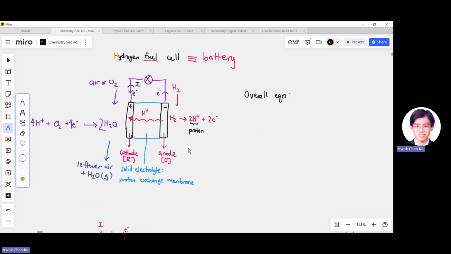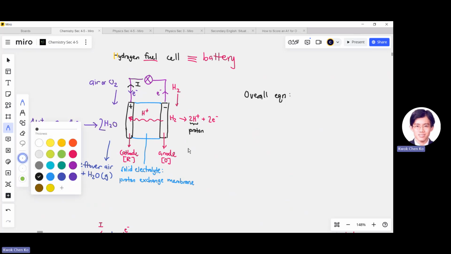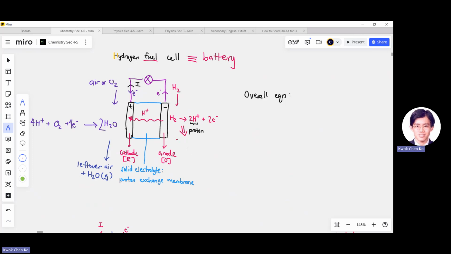The trick is this. Look at my cathodic reaction, 4 electrons. Anodic reaction, 2 electrons. Can I multiply by a multiple of 2? 2 times 2, 4.